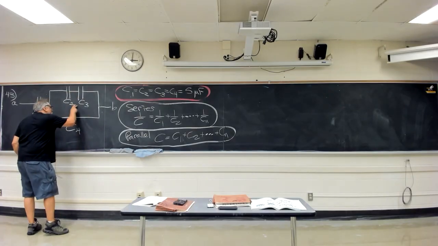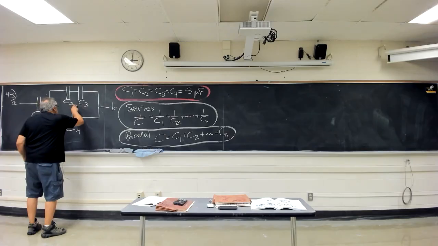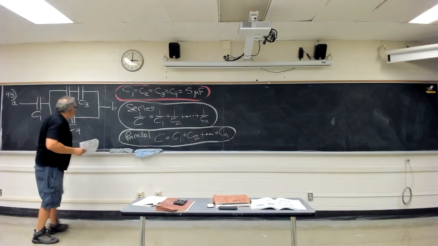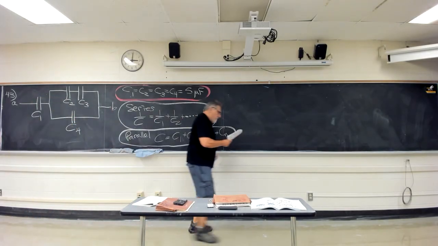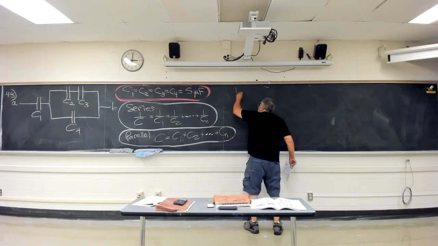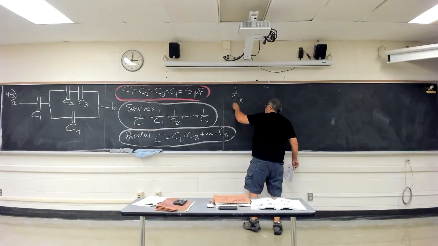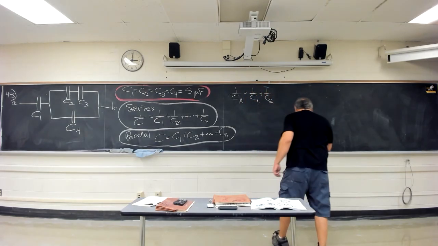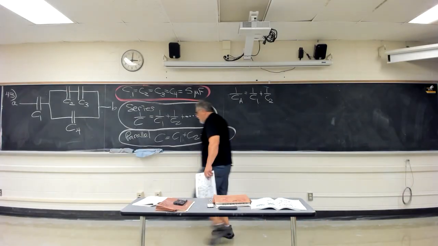For this right here, because they're in series, I'll call it C sub A, some equivalent thing here. 1 over C sub A is going to equal the sum 1 over C sub 2 plus 1 over C sub 3. So for the top, the equivalent one is going to be C sub A. I don't know what that's going to be. 1 over C sub A is equal to 1 over C sub 2 plus 1 over C sub 3.